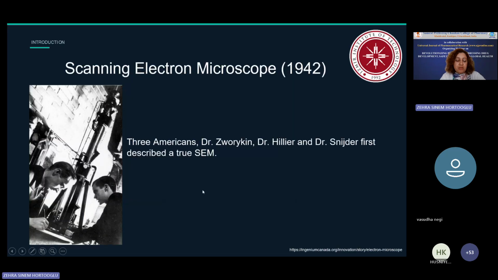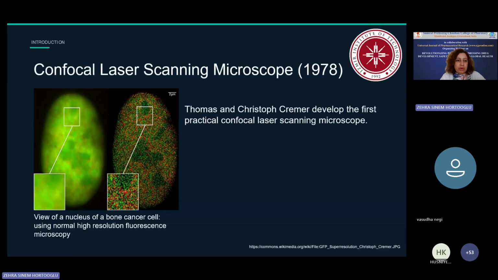The scanning electron microscope was described by three Americans, Dr. Zworykin, Dr. Hillier, and Dr. Snyder, as the first SEM. The confocal laser scanning microscope was developed by Thomas and Christoph Cremer.